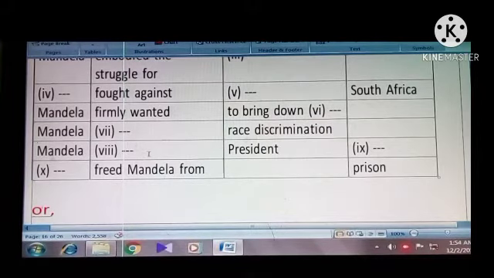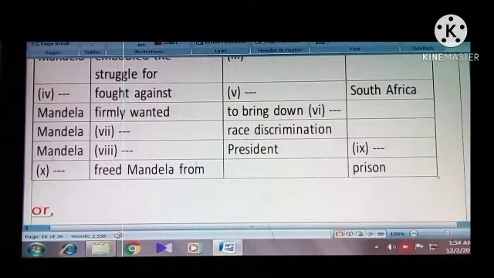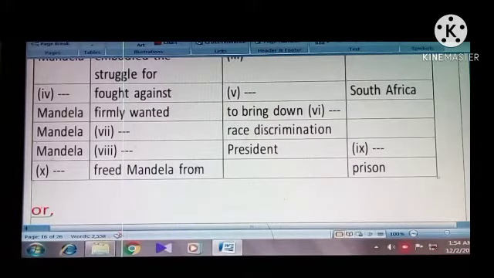Mandela became president, and here we can write the year when he became the president. Became president in 1994. Question number 10, who or what freed Mandela? Prison. And from reading the passage we know that F.W. de Klerk freed Mandela from prison.